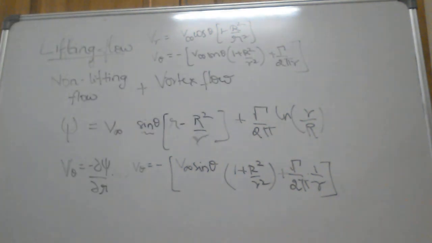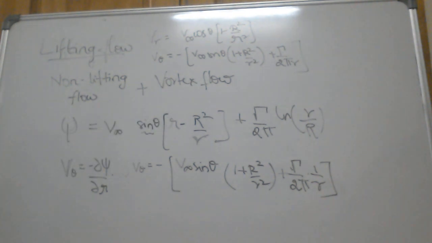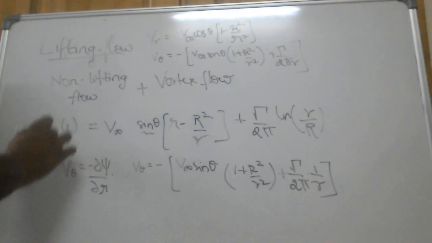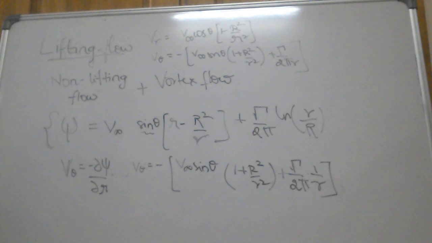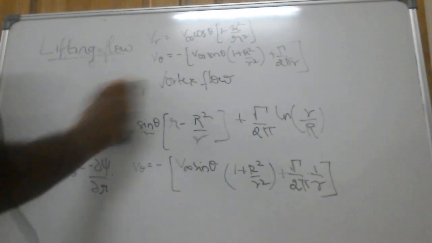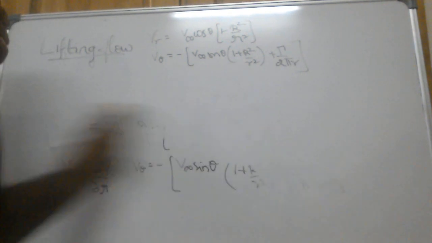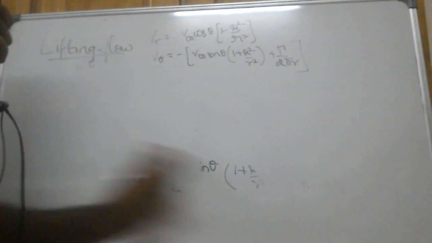So this is the flow field associated with the stream function shown in this equation. Right. So now let me erase all of this and just retain the expressions for the velocity vectors Vr and V theta.